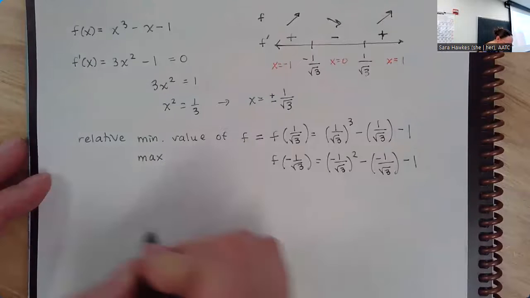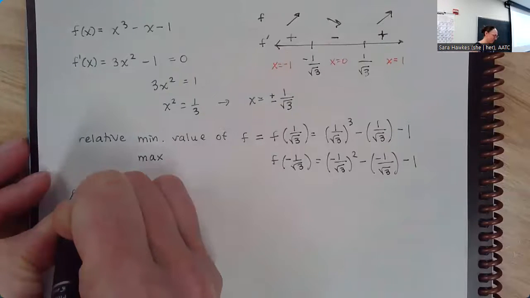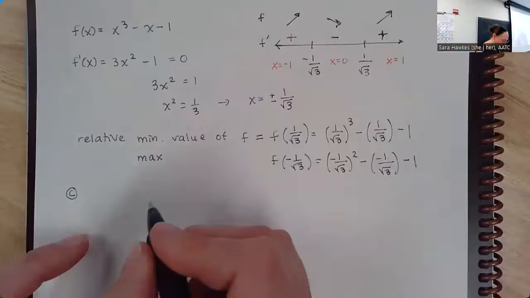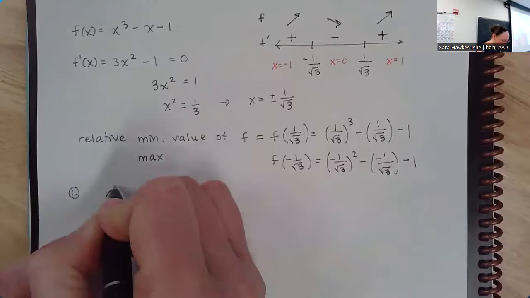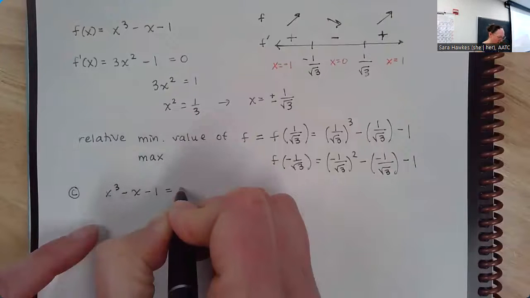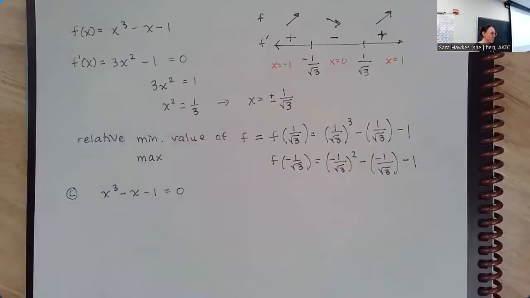Part C, find a positive integer nearest to the solution of x cubed minus x minus 1 equals 0. So I don't know whether Martinez had you all do the intermediate value theorem. Cool.